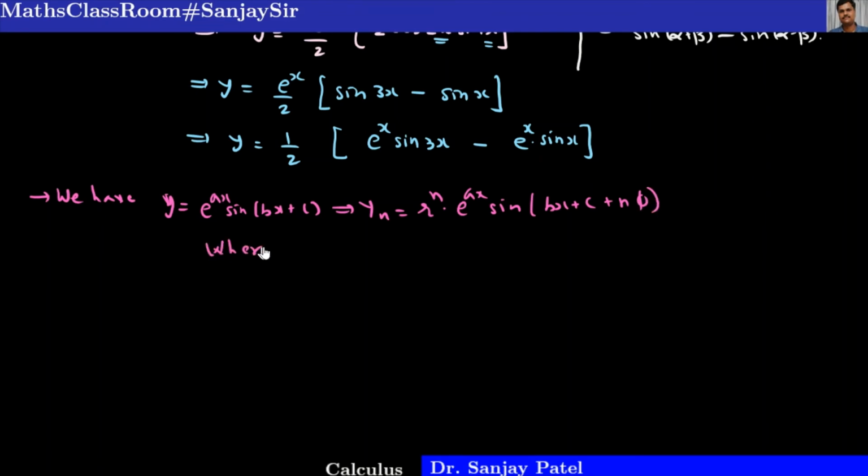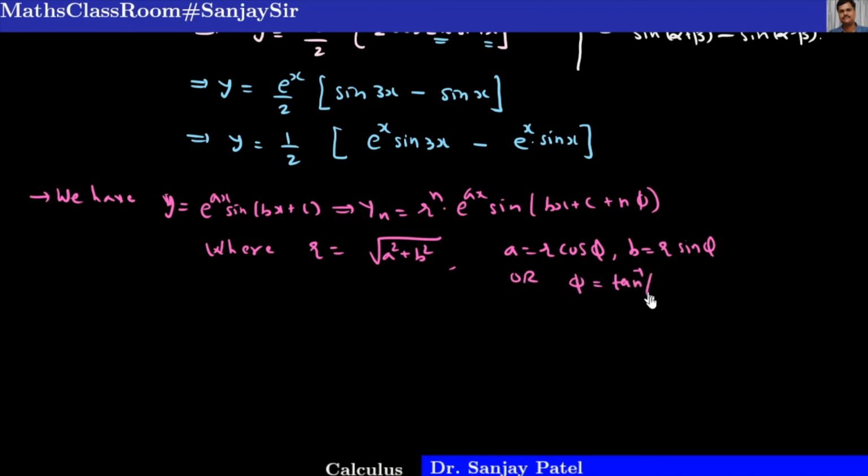Here this r is given by square root of a square plus b square, and the value of phi is obtained by these two relations: a is equal to r cos phi and b is equal to r sin phi. Or you can also write phi is equal to tan inverse of b upon a. If you divide b by a, you will get tan phi, and that will give you the value of the argument phi as tan inverse of b upon a.